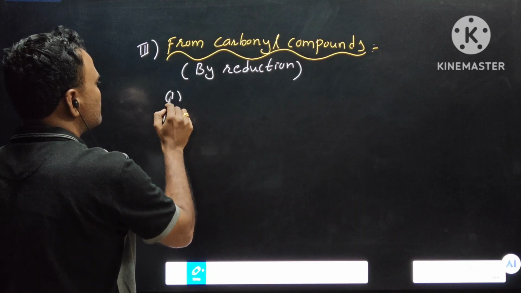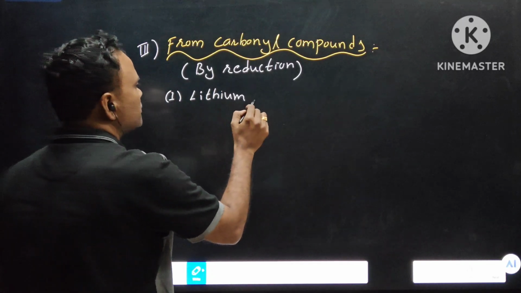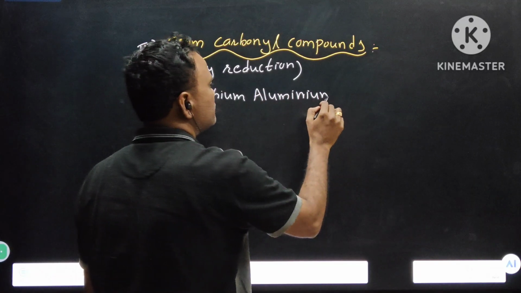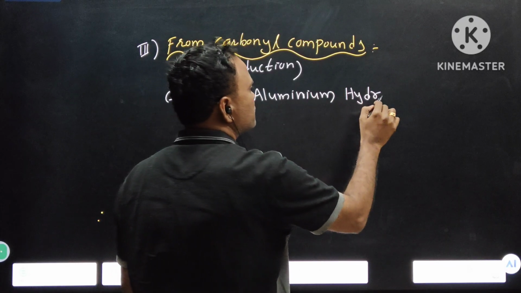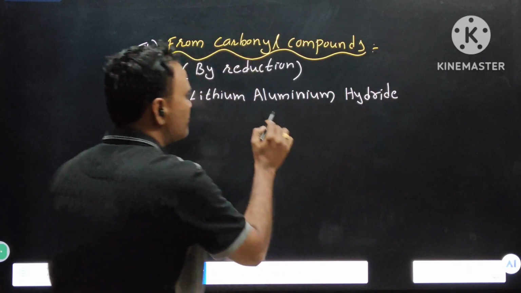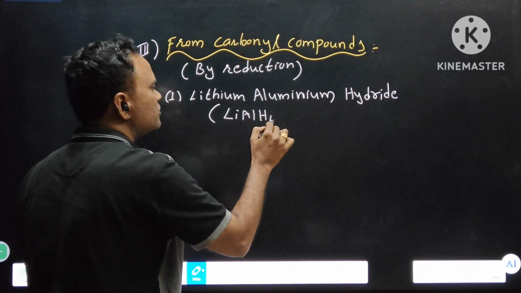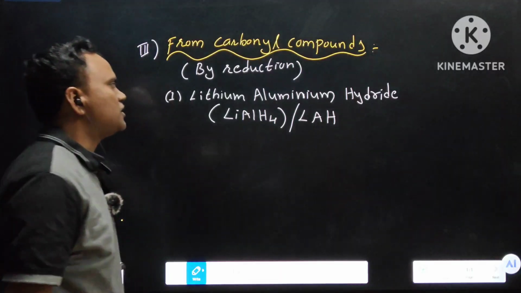First reducing agent, lithium aluminium hydride. It is abbreviated as LiAlH4 or LAH. Both are same.